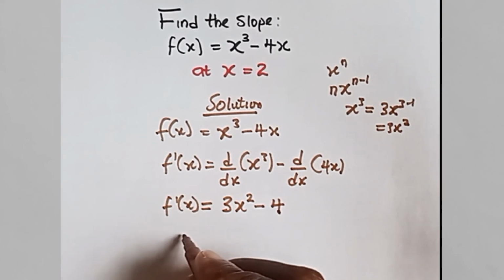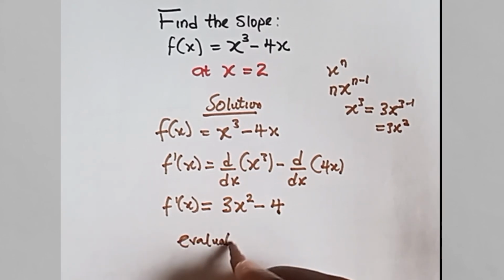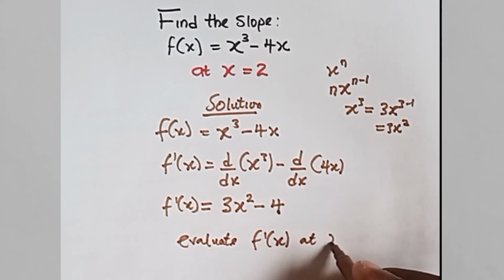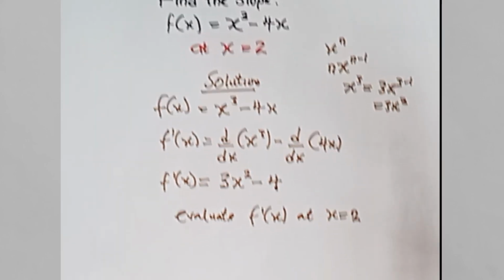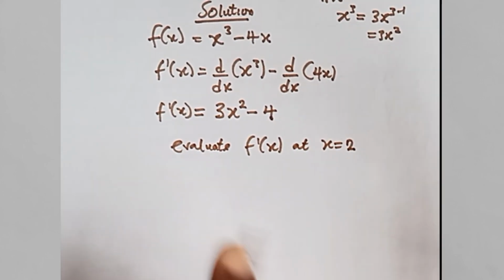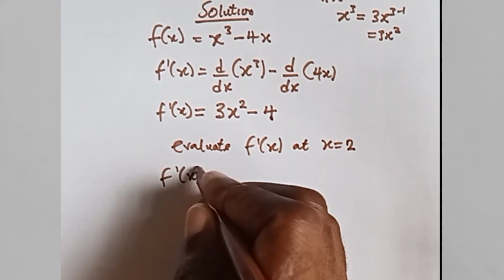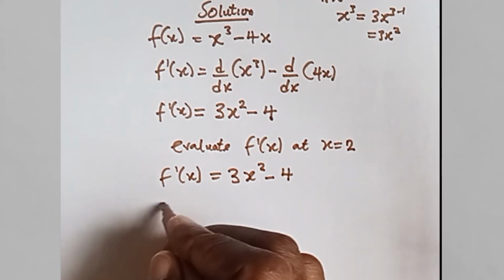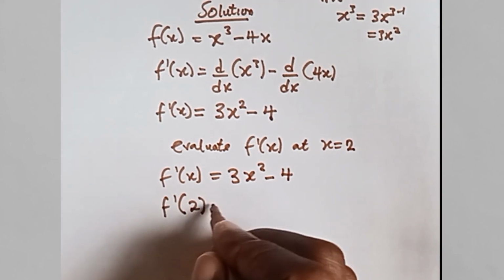Now we can evaluate the derivative of that function at x = 2. So we have 3x^2 - 4. When x = 2 now, what do we have?